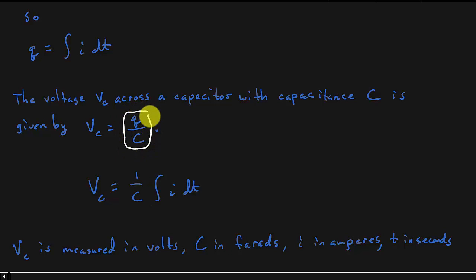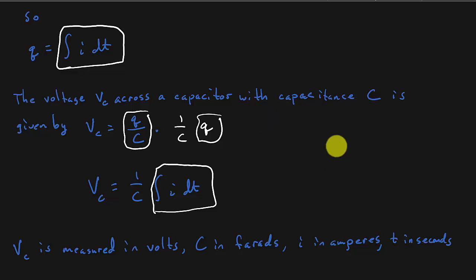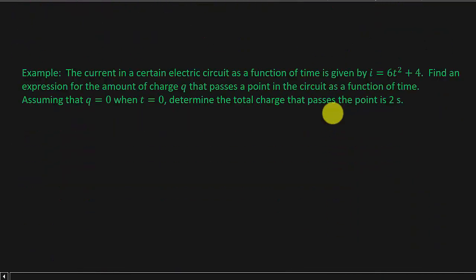Remember, this part right here can also be written as 1 over C times Q, right? And what is Q? Q is this. So that's where that comes from. That's replacing this Q right here. All right, so that gives you the voltage across a capacitor. And V sub C is measured in volts, C in farads, I in amperes, and T in seconds. Okay. All right. So let's work some of these problems.